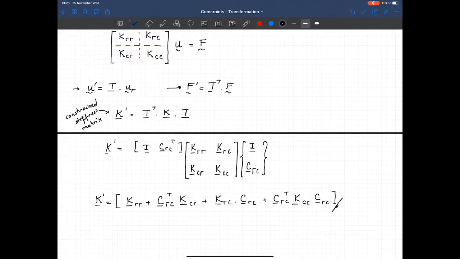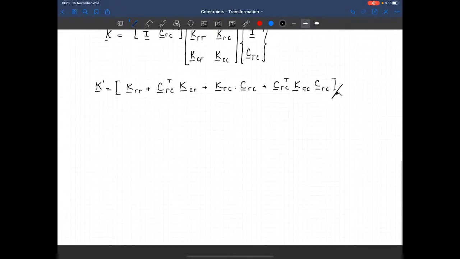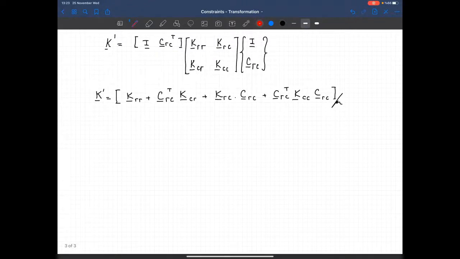And this will give me the new constraint stiffness matrix. Okay? Now you will better understand when we go back to our example problem.